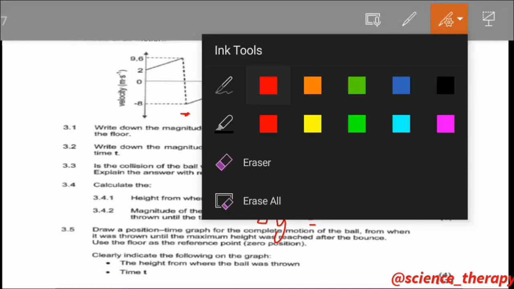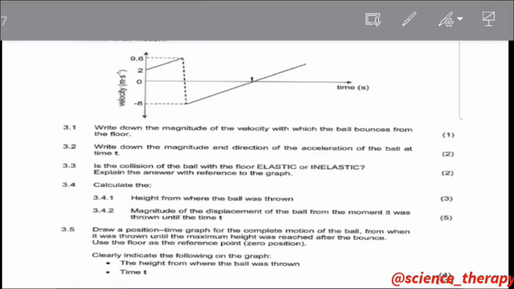Now for 3.5, it says draw a position-time graph for the complete motion of the ball from when it was thrown until the maximum height was reached after the first bounce. Use the floor as the reference point or the zero position.